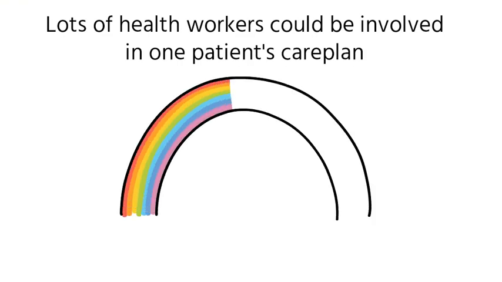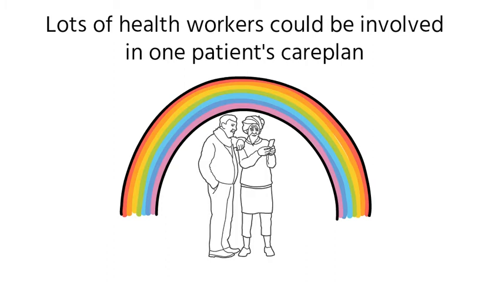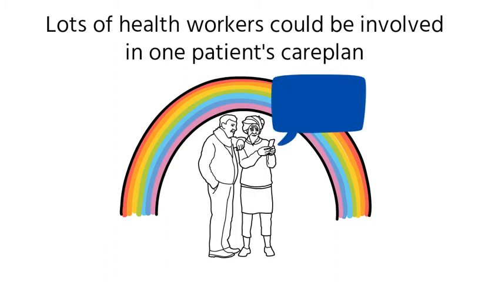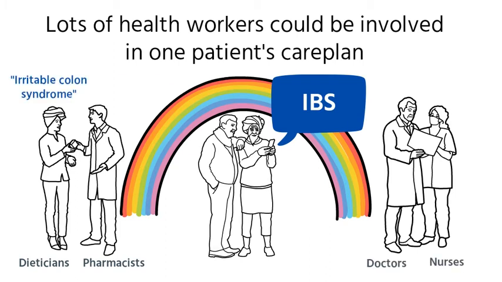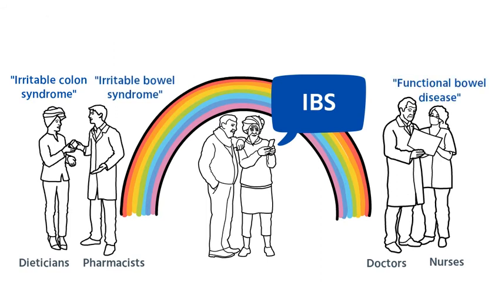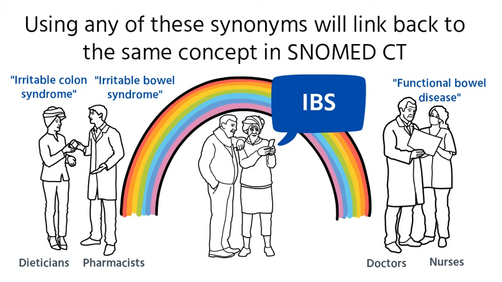Lots of healthcare workers could be involved in one patient's care plan. For example, dietitians, pharmacists, doctors, nurses. Using any of these synonyms will link back to the same concept in SNOMED CT.